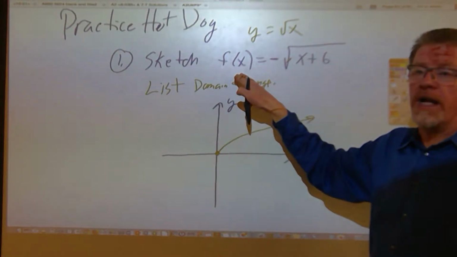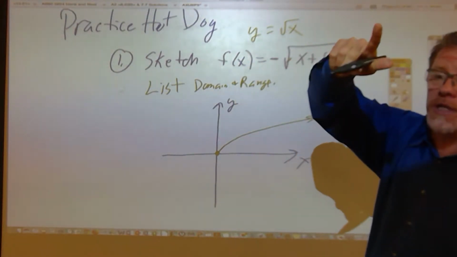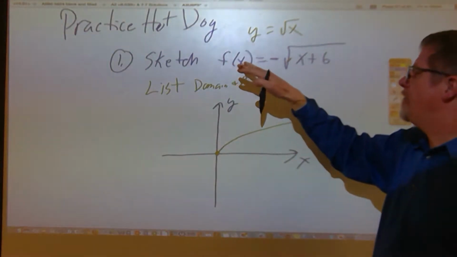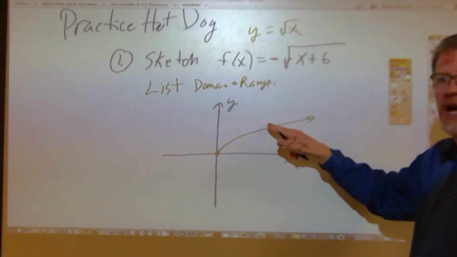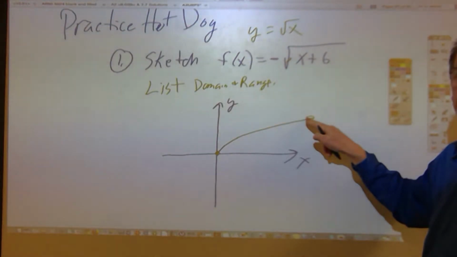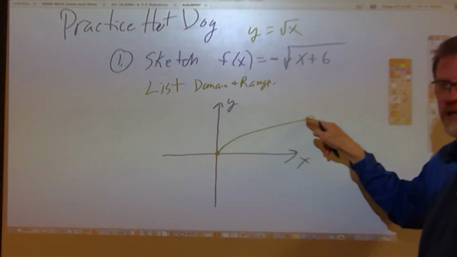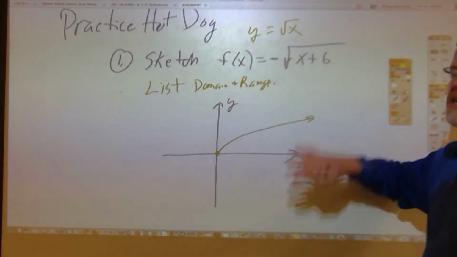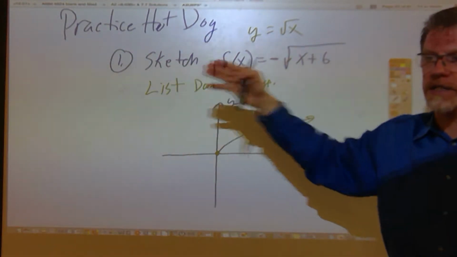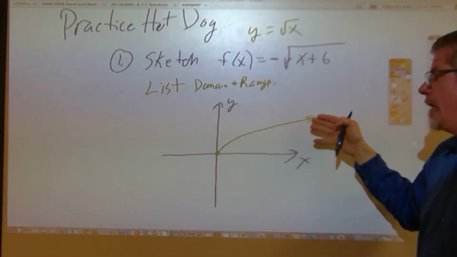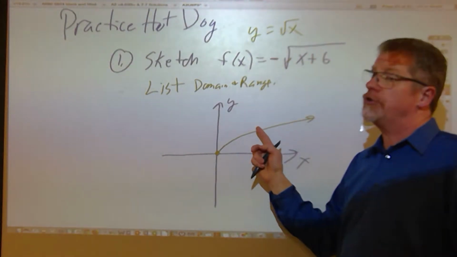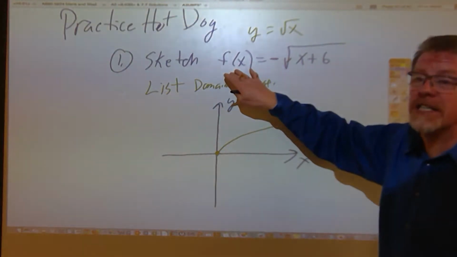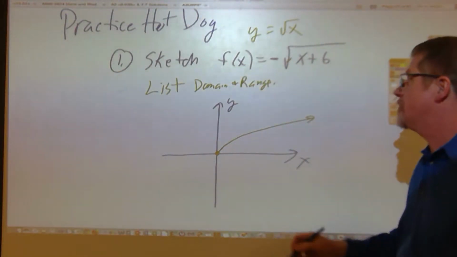It's really affecting the y coordinates. So you've got to ask yourself, if you take every y coordinate on this graph and make it negative, what would the effect on the graph be? Would it reflect this graph over the x-axis or over the y-axis? If you took the opposite of all the x's, it would reflect it all over y. But if you took the opposite of all the y's, it would reflect it over x.